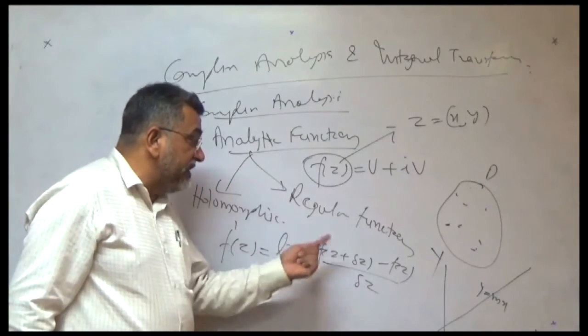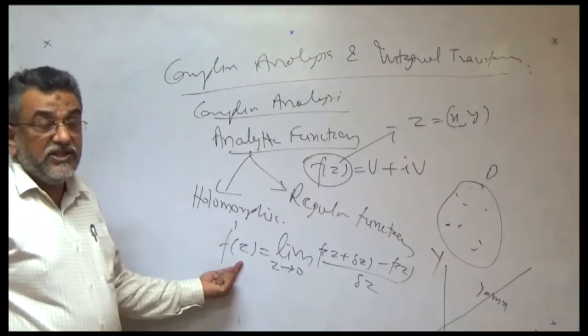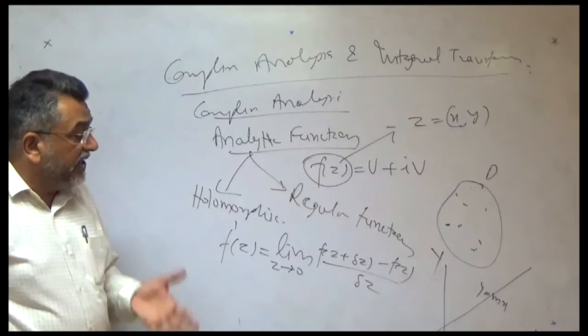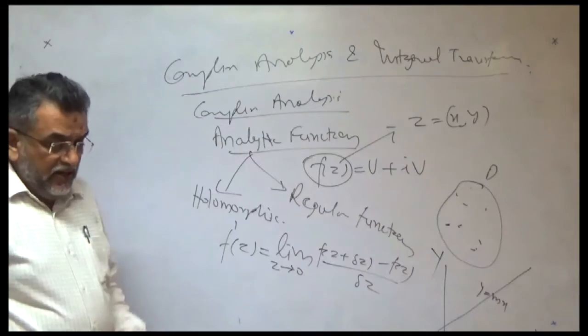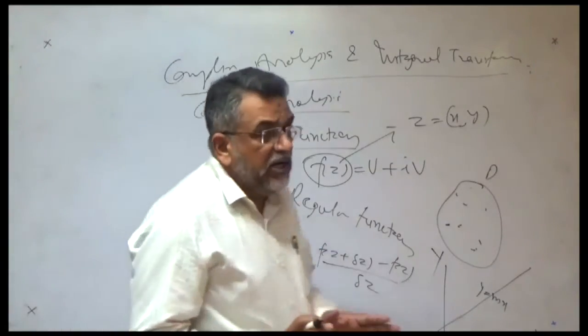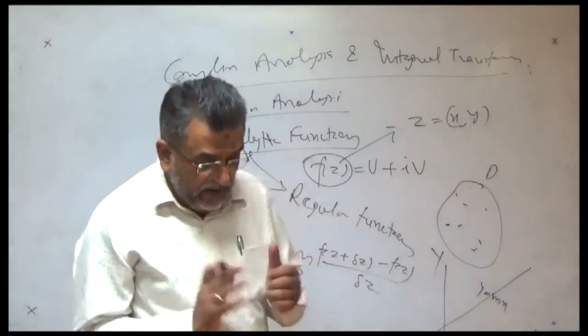And if the limit exists, then f dash z exists, and then we say that f(z) is differentiable at that particular point. Up to this point, I have discussed in lecture 1.